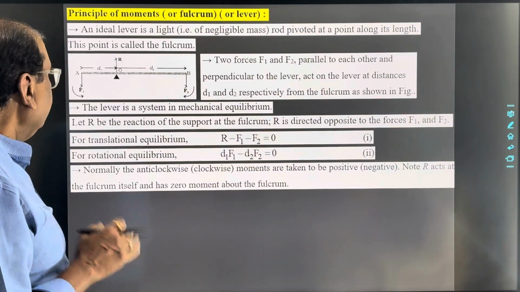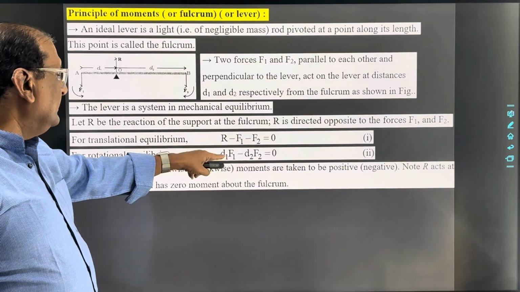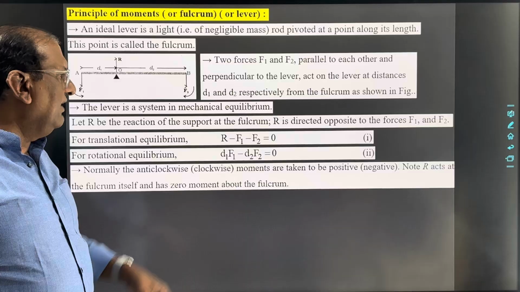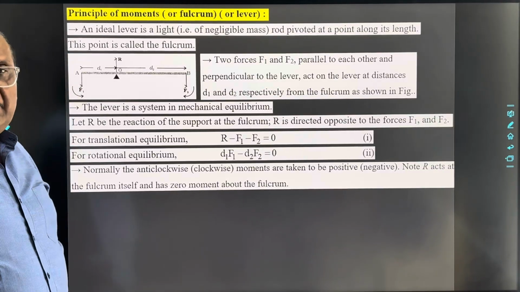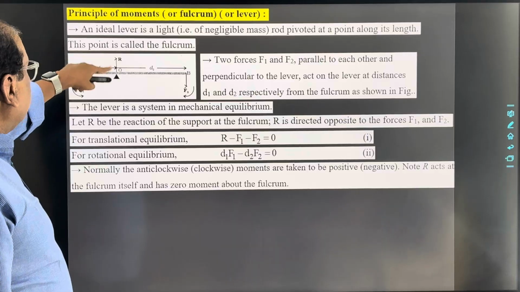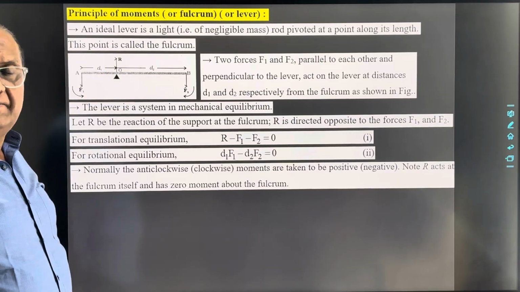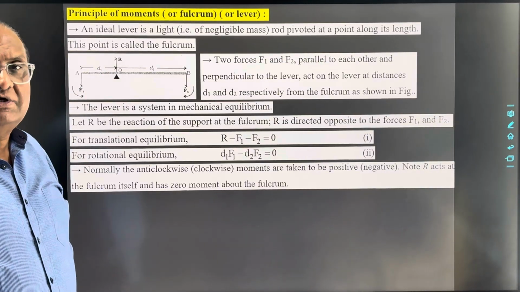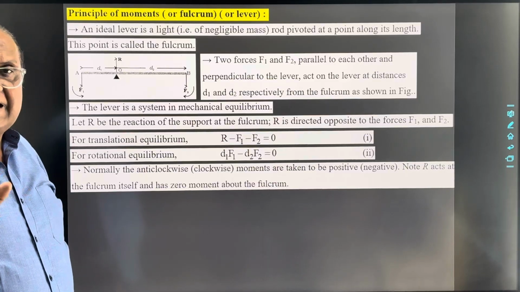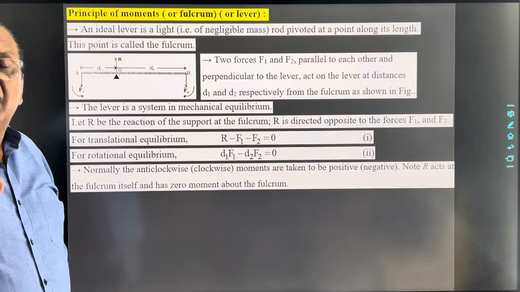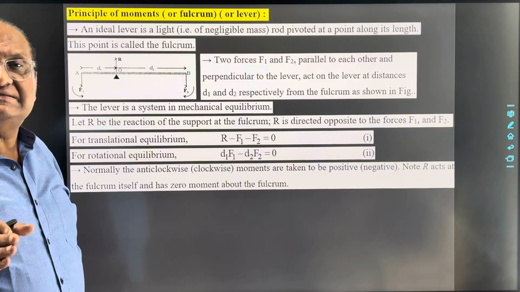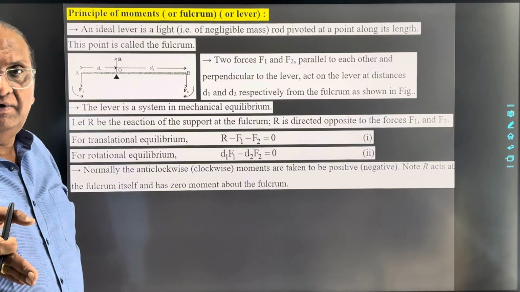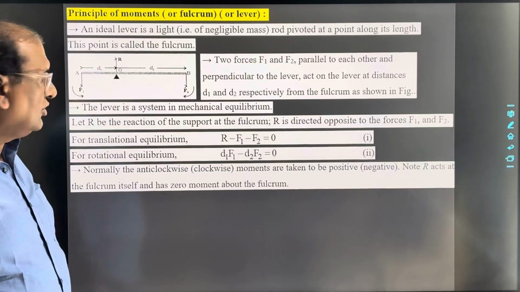Clear? So D1 F1 is taken positive and D2 F2 is considered negative. The reaction R will not produce torque, because torque is calculated with respect to the fulcrum, and R itself is at the fulcrum.